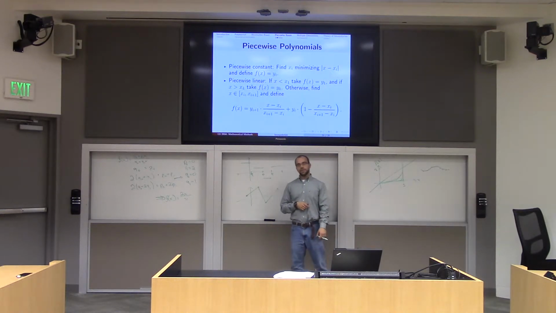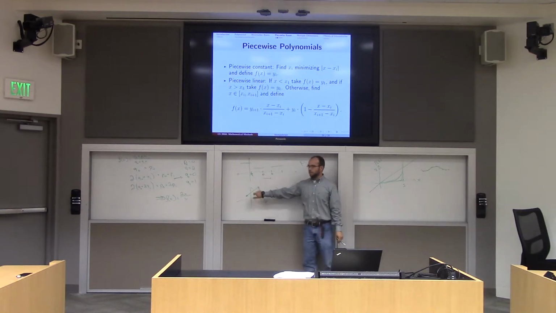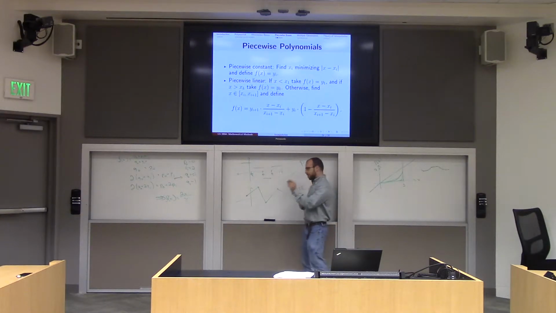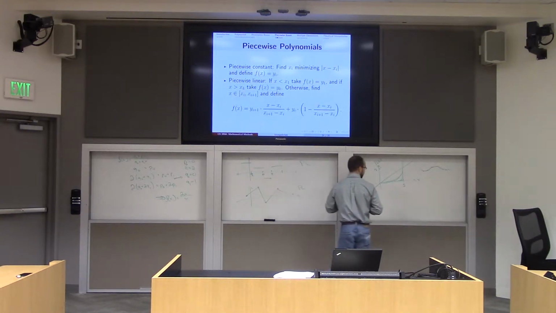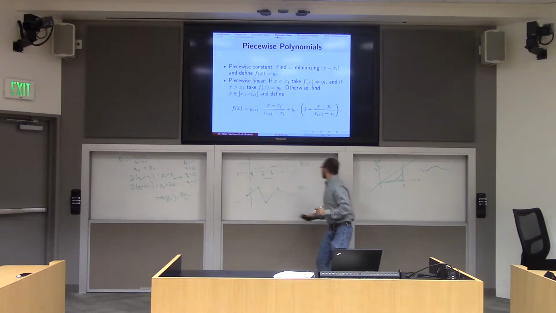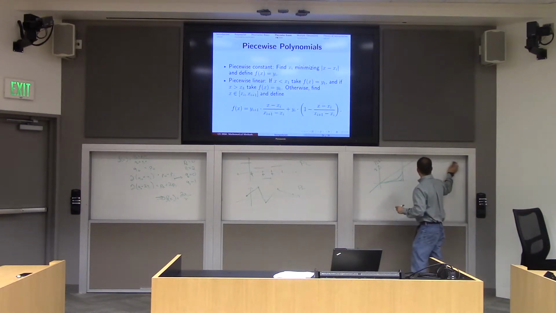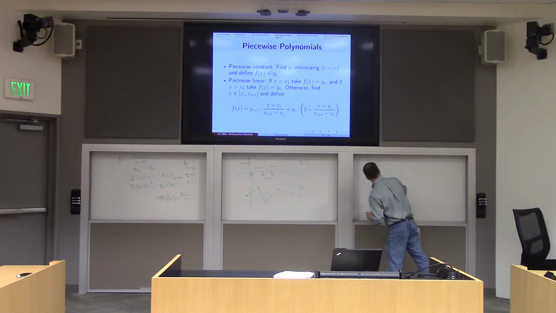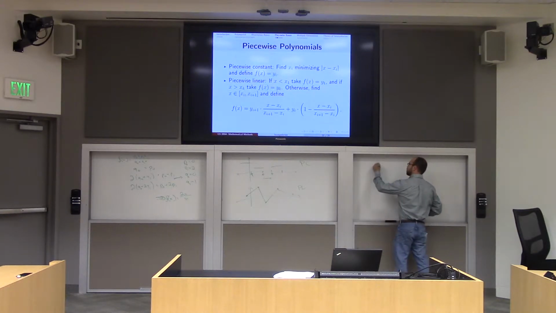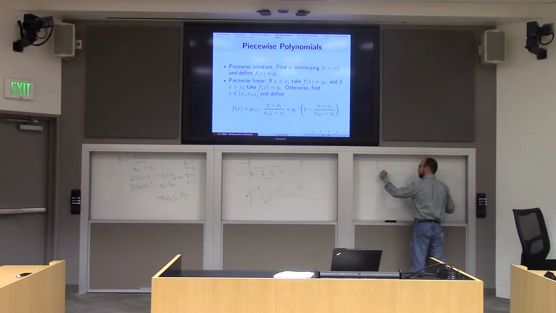If you're piecewise quadratic, you make little parabolas. I can attempt to draw a picture of this. I used to TA this class. One thing you could do is you have a bunch of data points, and now you can also draw little slopes on them.